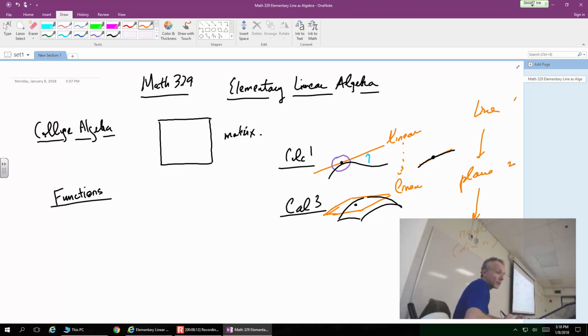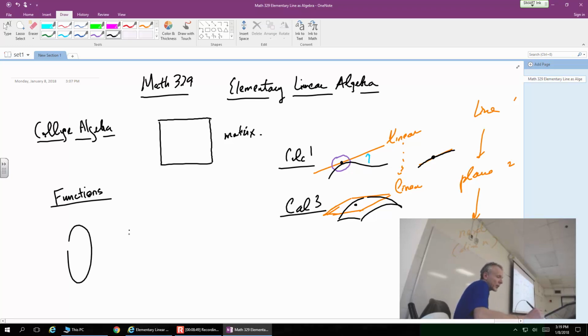Okay, but there is an even bigger picture here, and that is functions in general. They're not necessarily functions of numbers, which is what you saw in calculus 1, nor multidimensional things as you see in calculus 3, but functions in the most abstract sense of the word, and that is simply assignments from one set of quantities to another set of quantities, or objects of alien nature, and there is a correspondence between them.